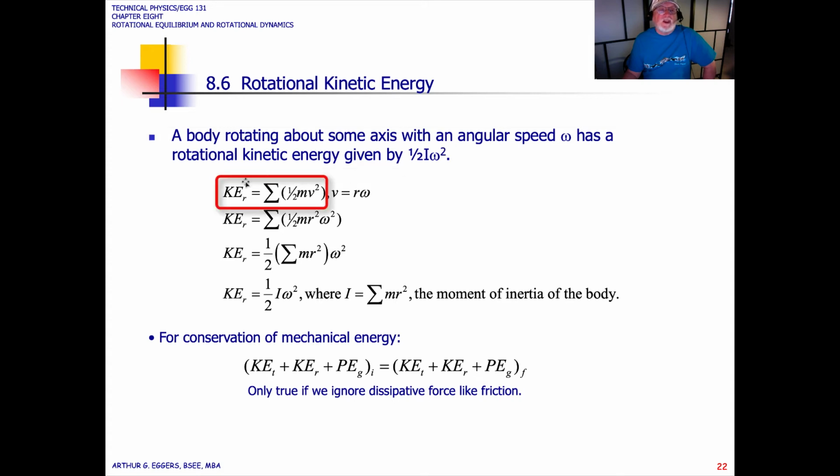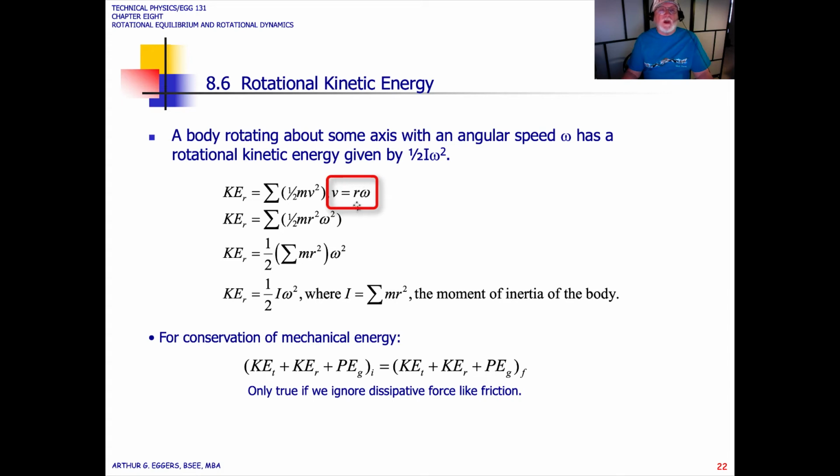Okay, so let's look at the relationships here. The kinetic energy in a rotational body is equal to the summation of all of the masses, 1/2 mv squared, and in this case, we're going to call the velocity r omega. Again, we saw this in the previous section where we developed this term.